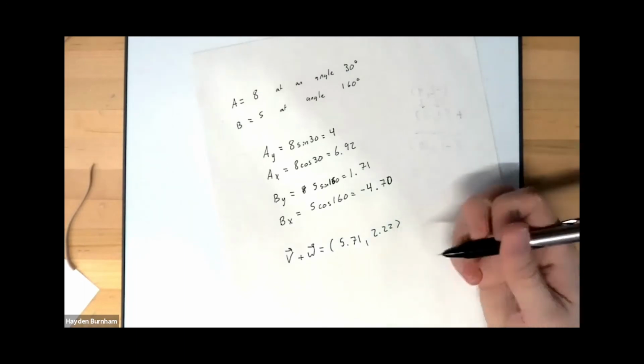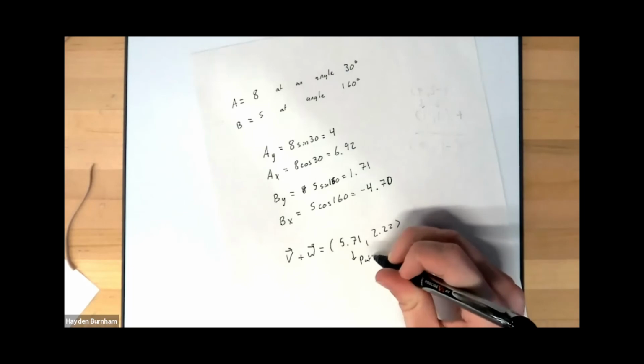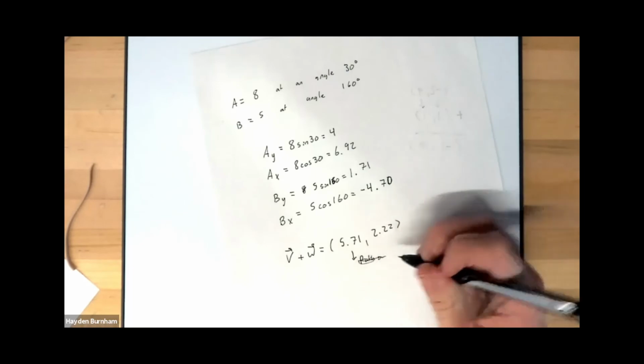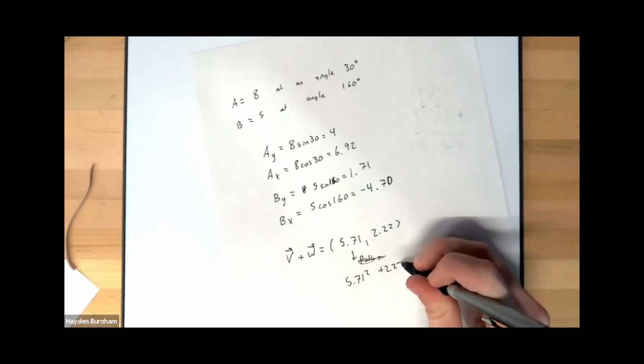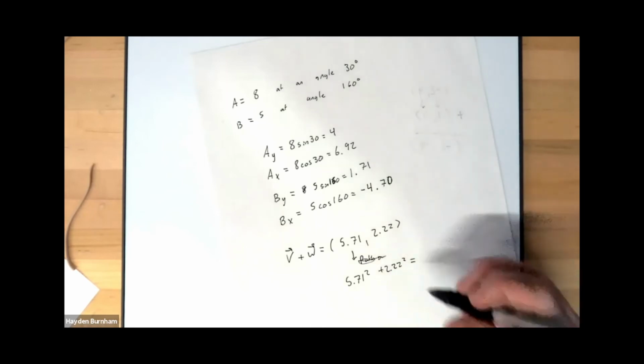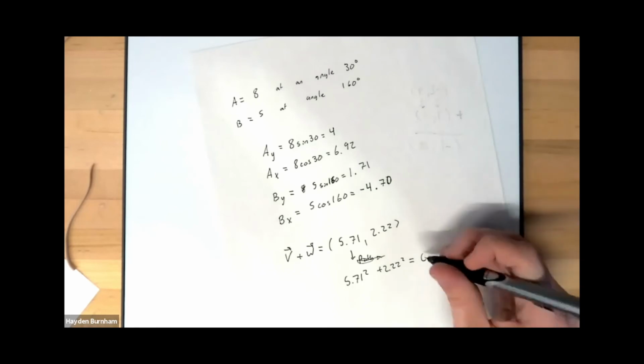Now the neat thing here is that we can actually use Pythagoras' theorem. You could just do 5.71 squared plus 2.22 squared, and that's going to equal the magnitude, which I'll call C squared. And it should be 6.12. 6.12? Yeah. Sweet.